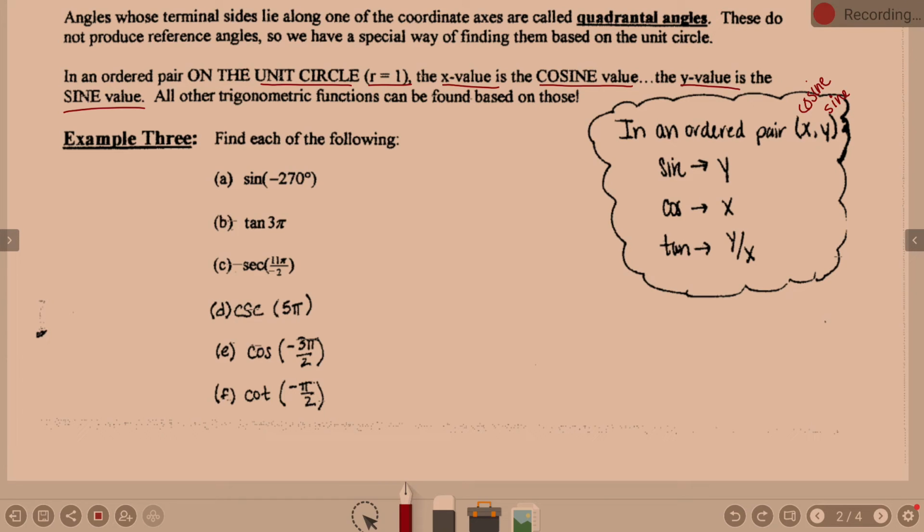For instance, if we go over here and look, tangent of 45 is 1, because what is sine divided by cosine? Square root of 2 over 2 divided by square root of 2 over 2 is 1. If we go up to tangent of 30, sine divided by cosine, what's 1/2 divided by square root of 3 over 2? The 2's are going to cancel.